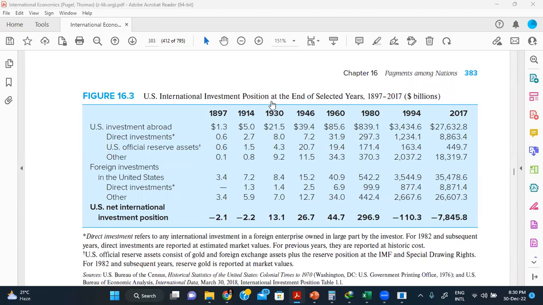But what do we see? We saw that the US has a deficit current account balance. Now we see that in terms of the investment position, is the US now a net debtor or net creditor? Yes or no? Are you there?